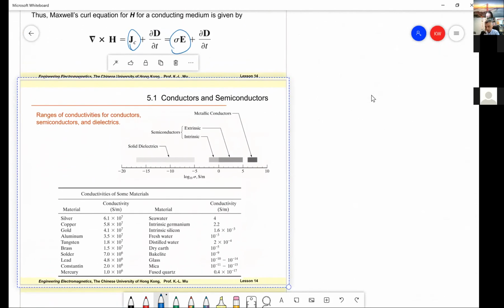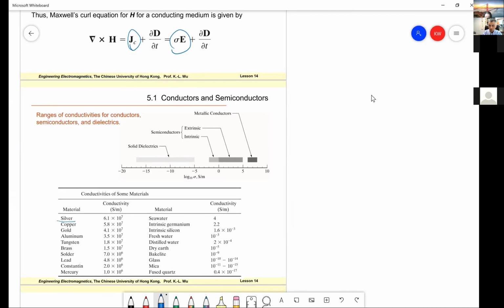Then I also list the conductivity. For silver, I mentioned it was about 7, but that's not accurate. It's about 6 times 10 to the power of 7. That is almost the highest conductivity people can use.